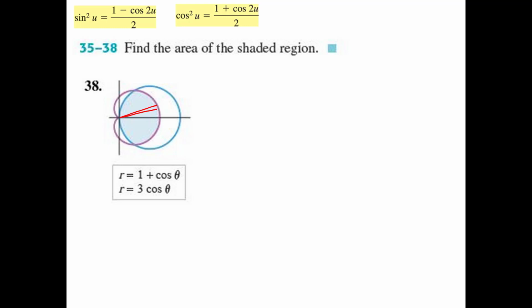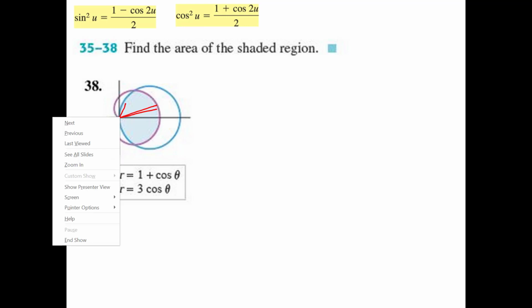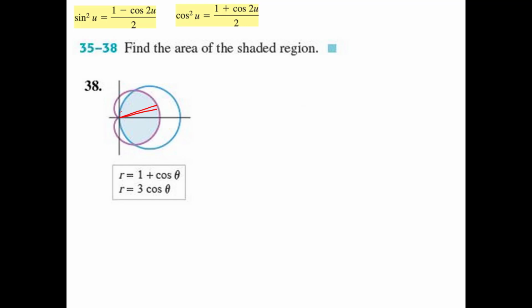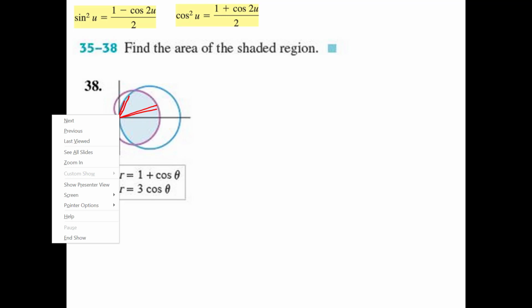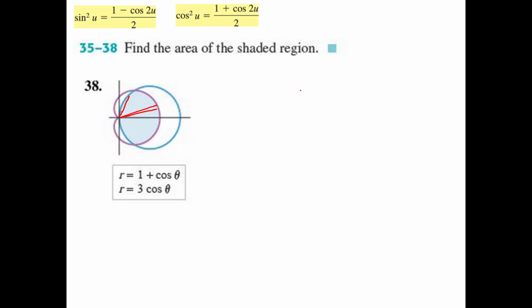But once you get past that wedge and you're looking over here, now your wedge is contained only by the circle, right? So here there is no subtracting of areas. You are sweeping out your areas in two different ways.